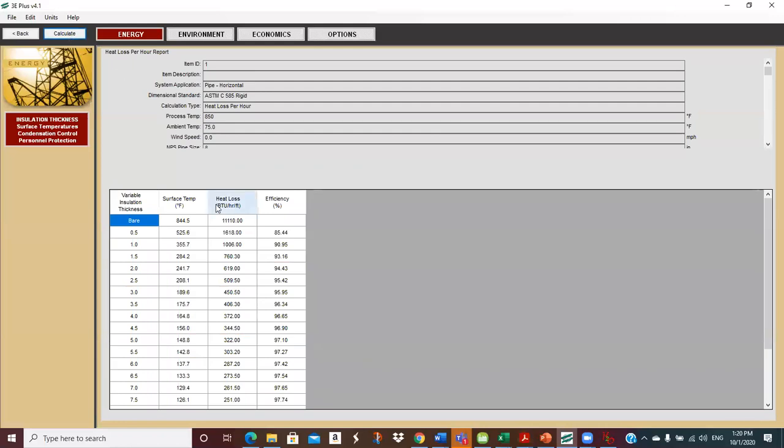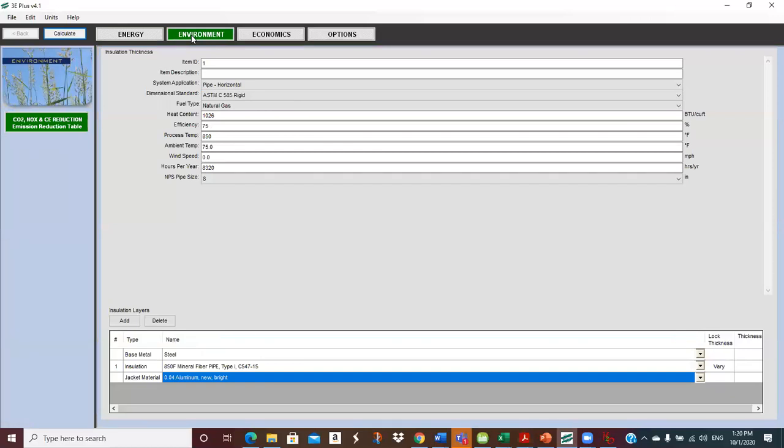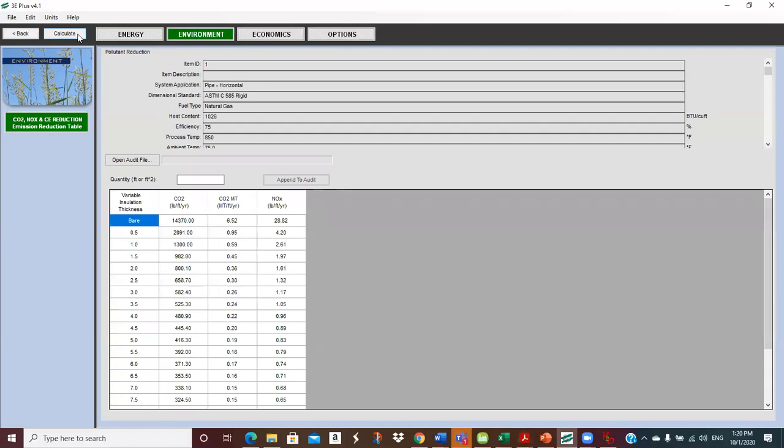You got your numbers. You can do environmental stuff. If you calculate this, you get CO2, what's that, pounds per foot per year, CO2 in metric tons per foot per year, and NOx based on the fuel type that you put in.